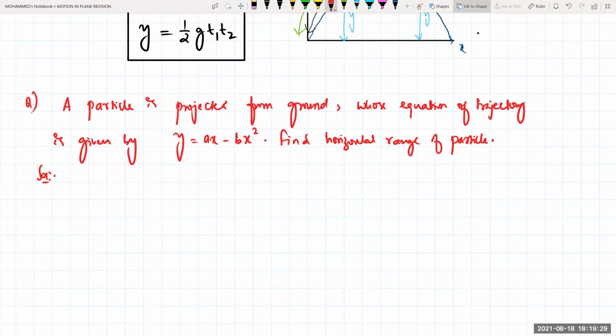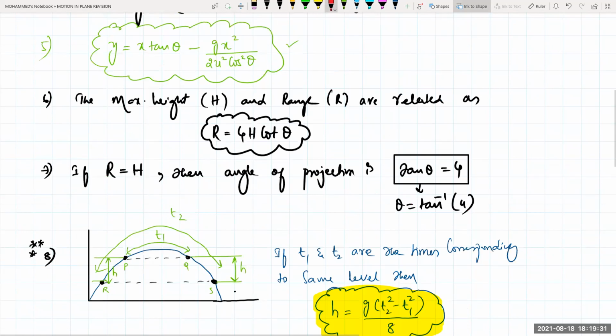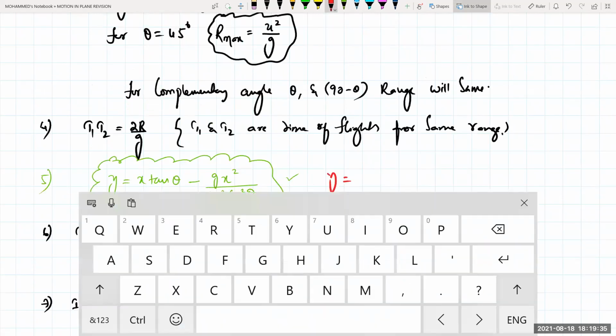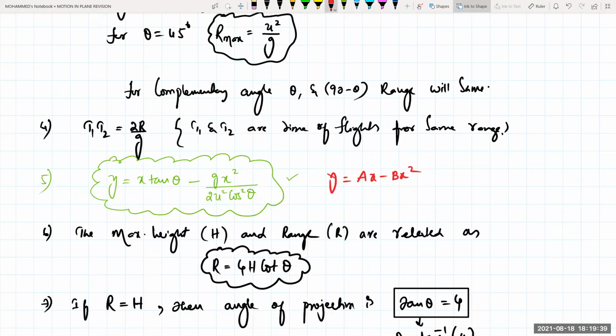So the basic equation you have written here, y is equal to a into x minus b into x square. In place of a, I'm writing tan theta. The a value will be equal to tan theta.